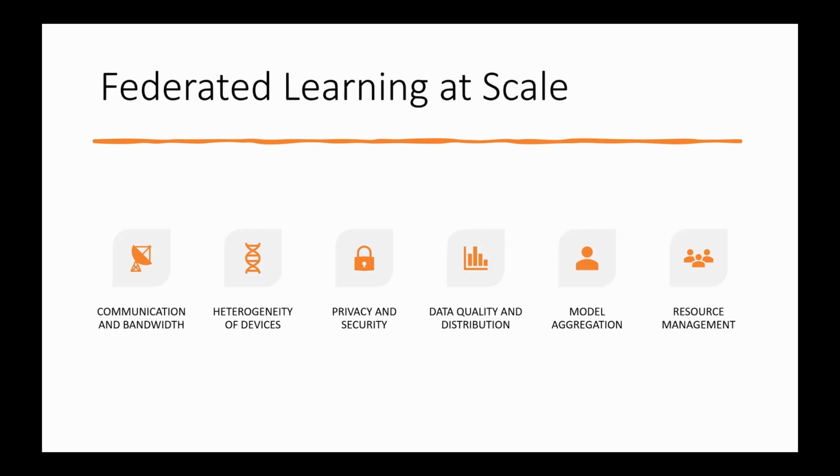Then the data quality and distribution is also something of importance. For instance, data heterogeneity is something that really matters here. In many real-world scenarios, we are dealing with non-IID data that makes the aggregation a bit of a problem. As also mentioned here, aggregation may not be straightforward.